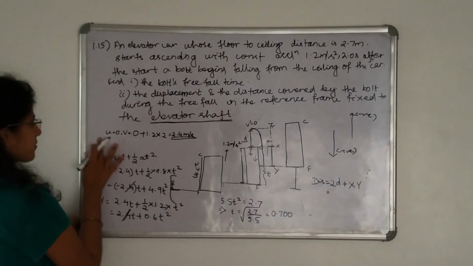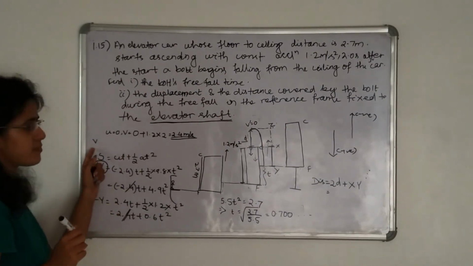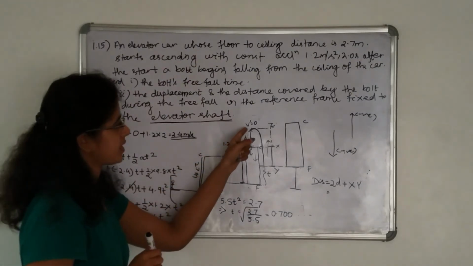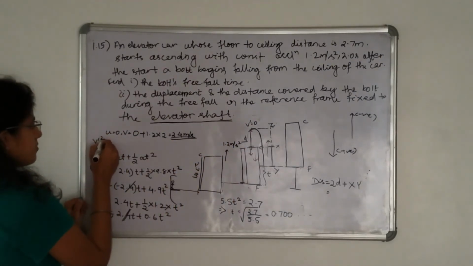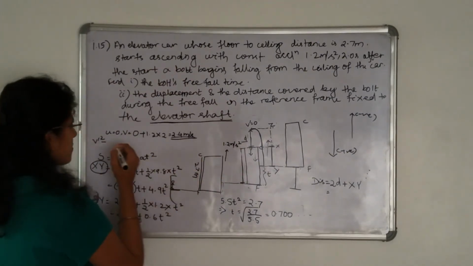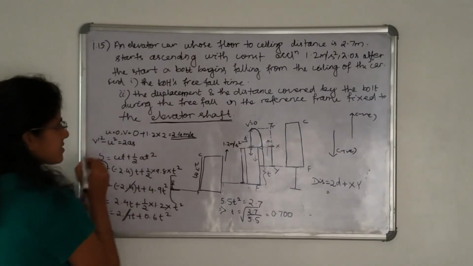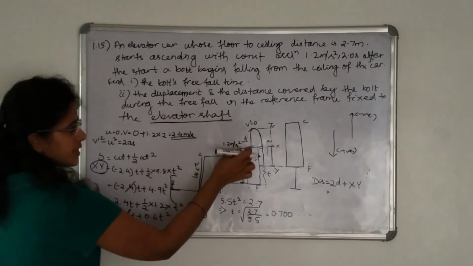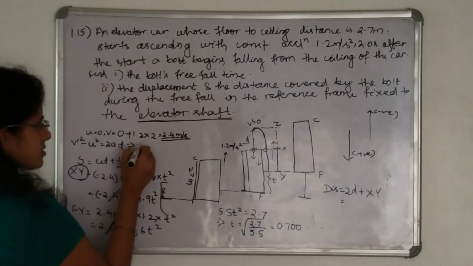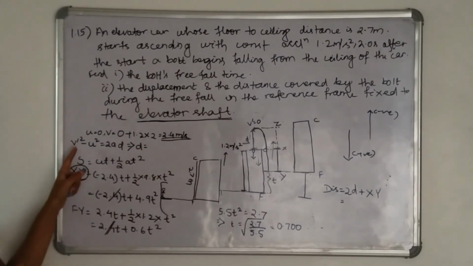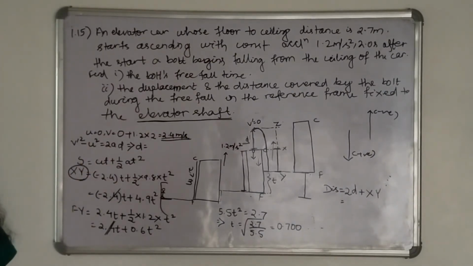Here v dash, the final velocity, is 0, and u is the initial velocity. As is here d distance, so it is d. That means d is equal to v dash square minus u square divided by 2a.